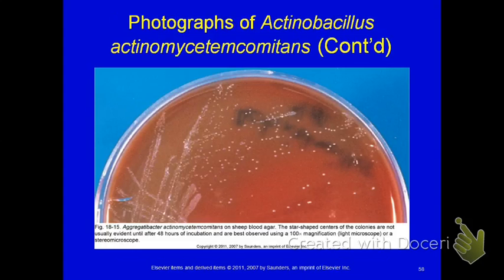The star-shaped centers of the colonies are not usually evident after 48 hours of incubation and are best observed using 100 times magnification or a stereo microscope, which means, guys, you cannot see the star shape here because this photograph is not under the stereo microscope. But if you place this blood agar plate under the stereo microscope, then you'll be able to see the star-shaped colonies.